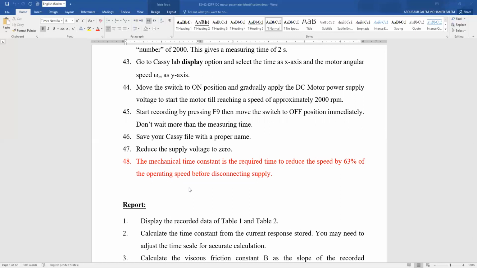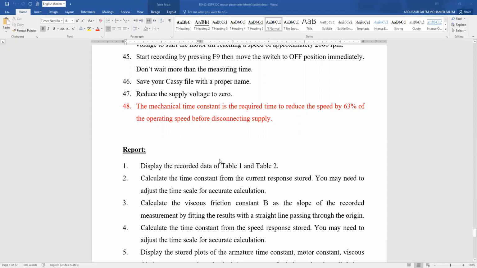So simply, we can make a curve like we have made with the current and measure the mechanical time constant in the same way by considering the time constant of 63% of the value. So at a value of 2,000 RPM, 0.37 multiplied by 2,000 will give you the value of 37% of the rated speed, and you can calculate the time from this value to the 0 speed like we have made in current measurements.